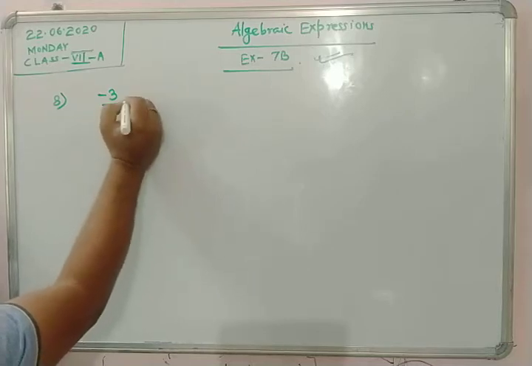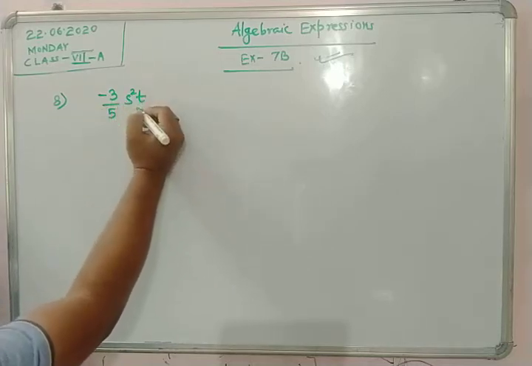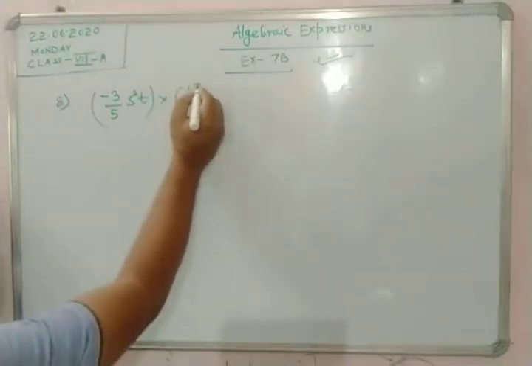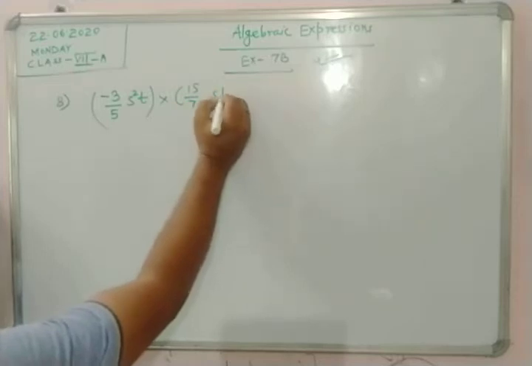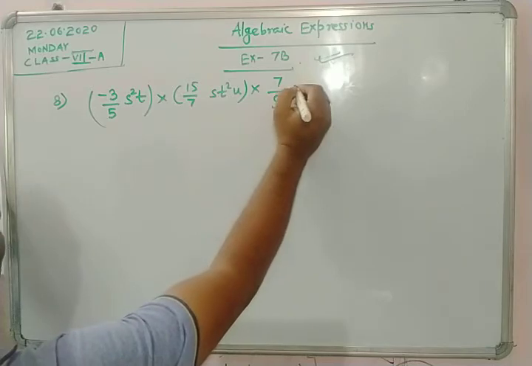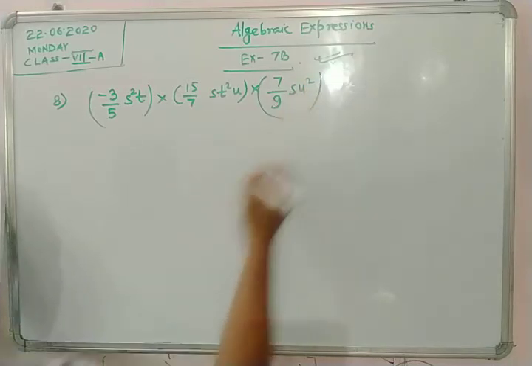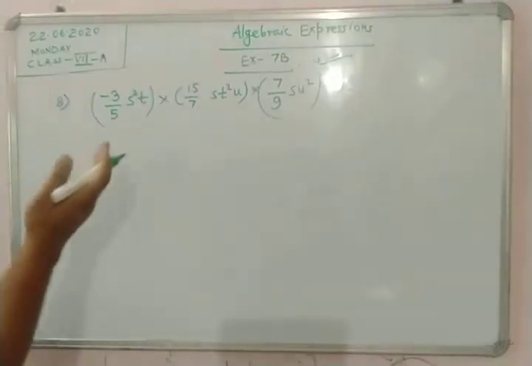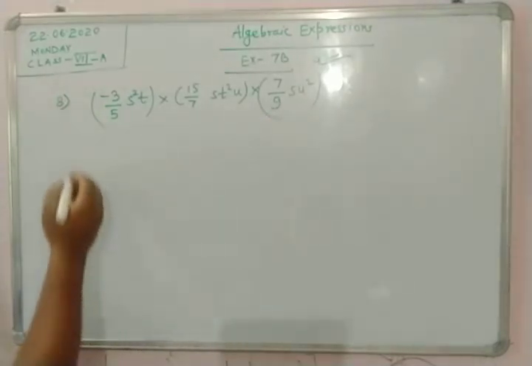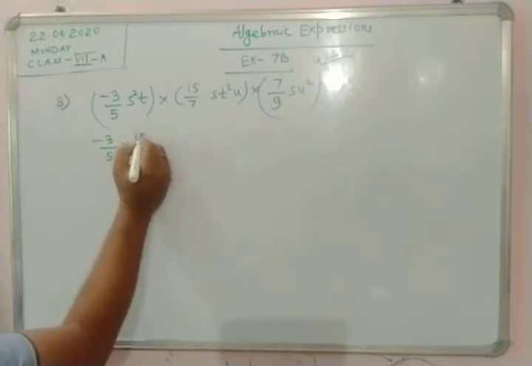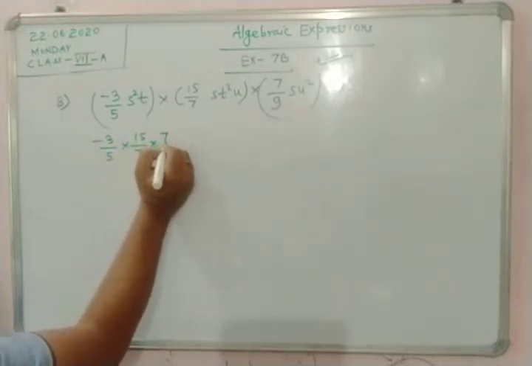Minus 3 by 5 s square t, which must be under the bracket, into 15 by 7 s t square u, into 7 by 9 s u square. What I have taught you is to write all the numerical figures in one step: minus 3 by 5 into 15 by 7 into 7 by 9.